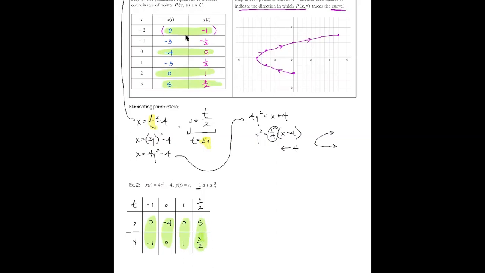At (0, 1), though, in the first equation, we had a t value of -2. But at (0, 1) in the second set of parametric equations, the t value was -1. So it's the same point, but it happens at a different moment in time.